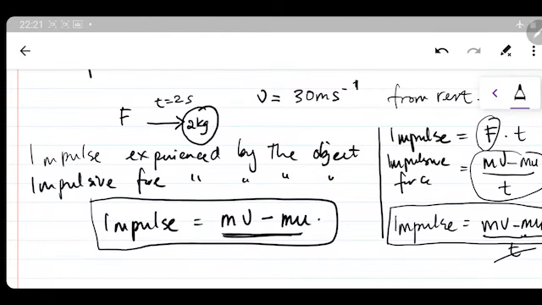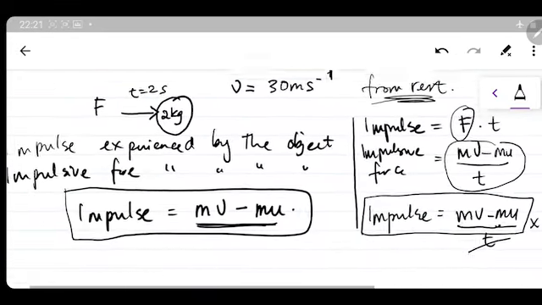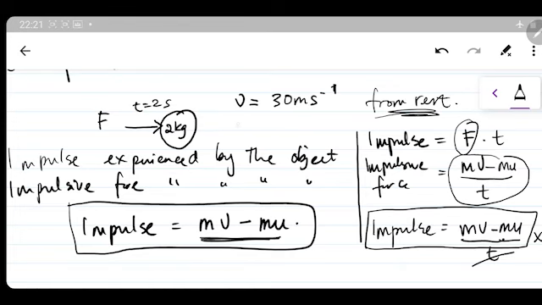Let us get back to our initial question, example number 1. This body is from rest, so its initial velocity is 0.